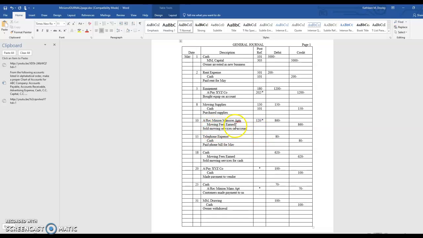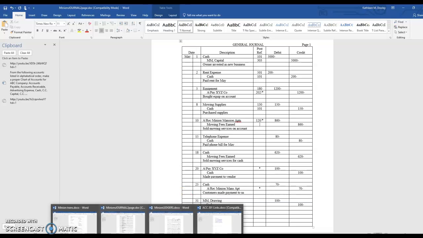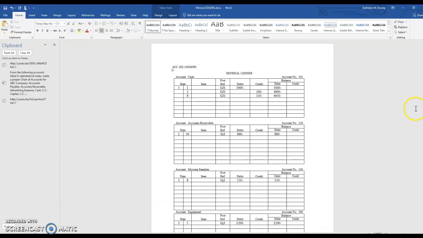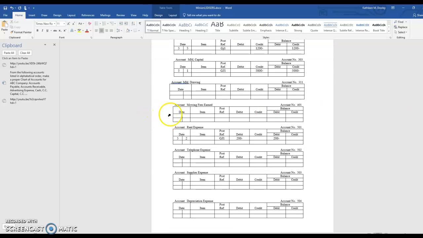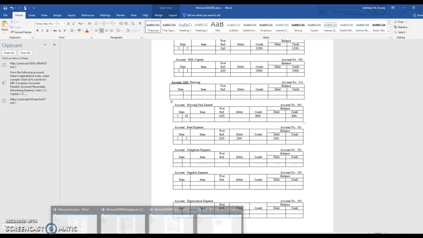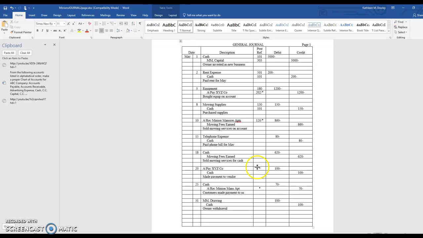Now we also have to post a mowing fees earned on the 10th, $860 credit. So that gives us a running total of $860 credit. And that came from GJ1, and that's account 401.